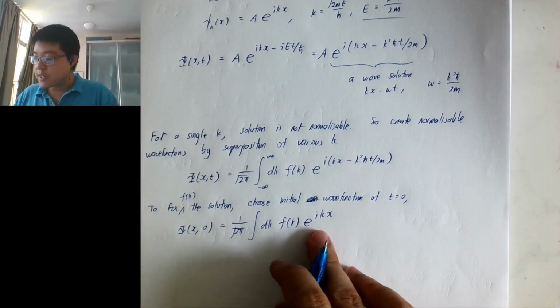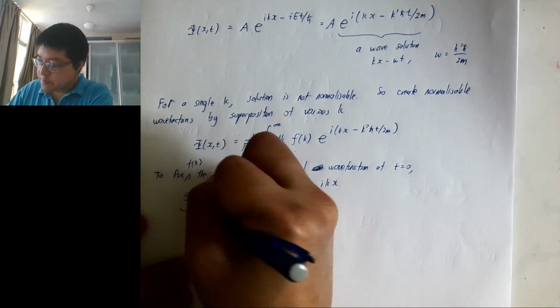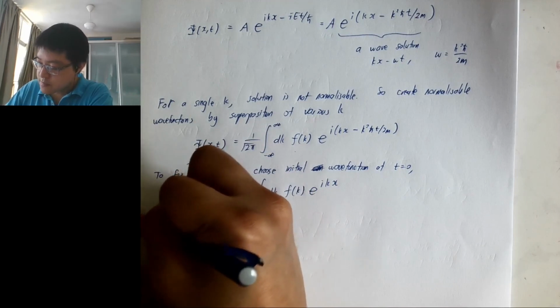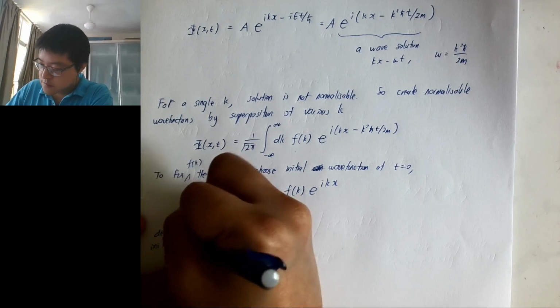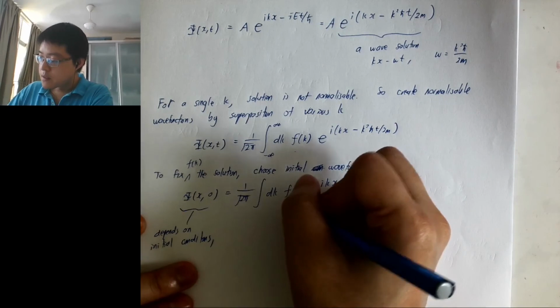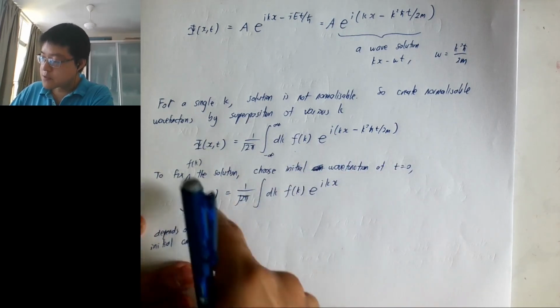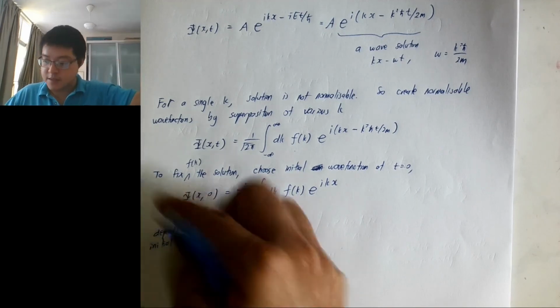This is actually a Fourier transform in k, and this depends on the initial condition. The initial condition will tell you what this function is.